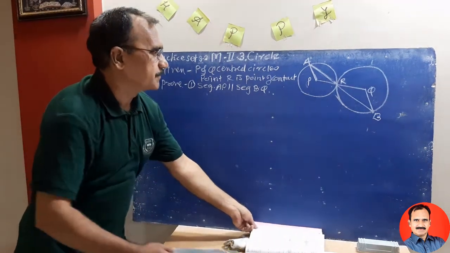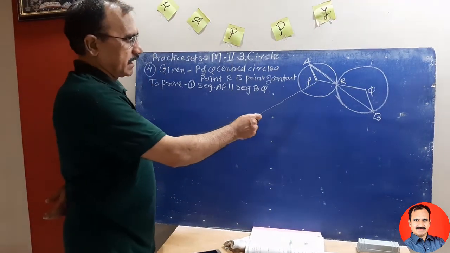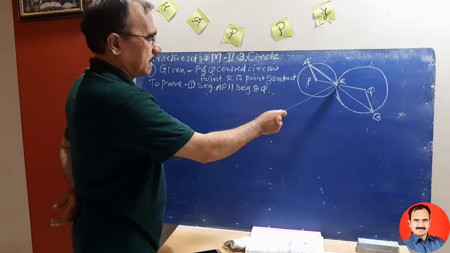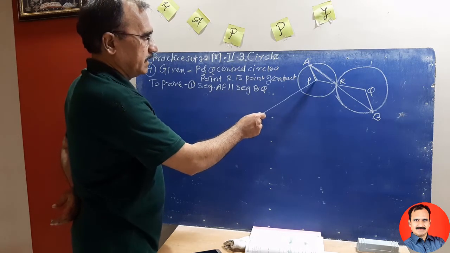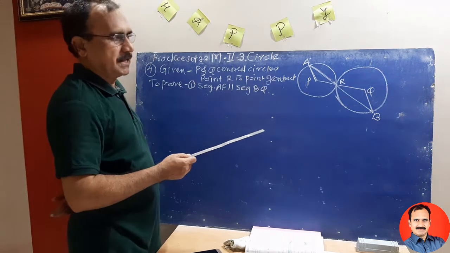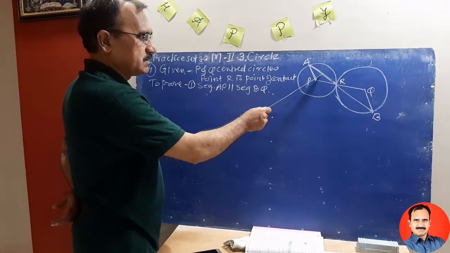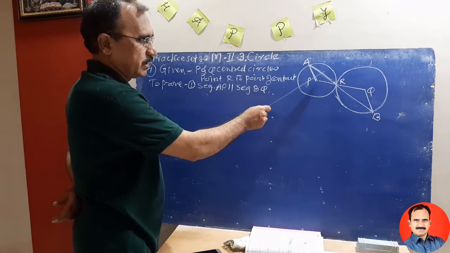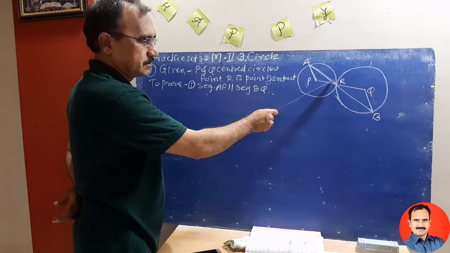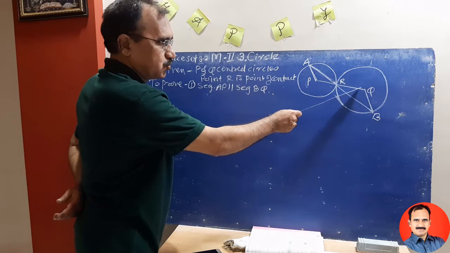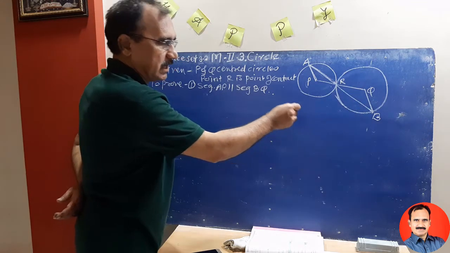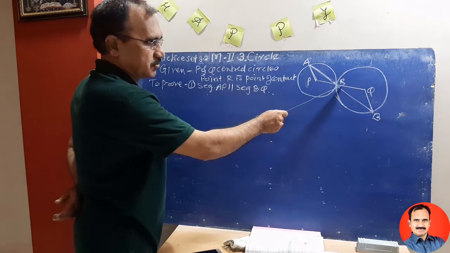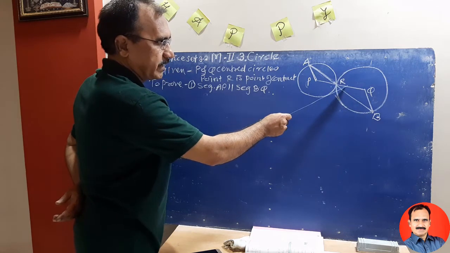See here, in triangle APR, PA and PR are the radii of the same circle. That means this triangle is an isosceles triangle and therefore these two angles are congruent. In this triangle, QR and QB are the radii of the same circle and therefore these two angles are congruent.